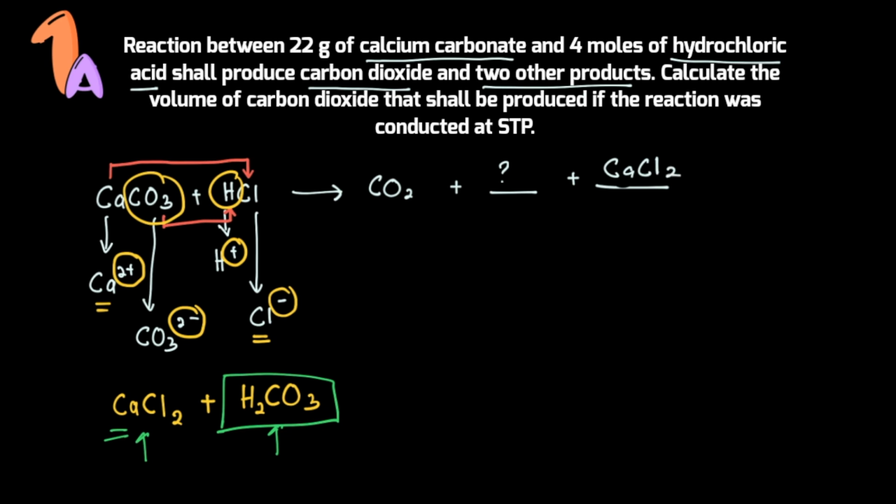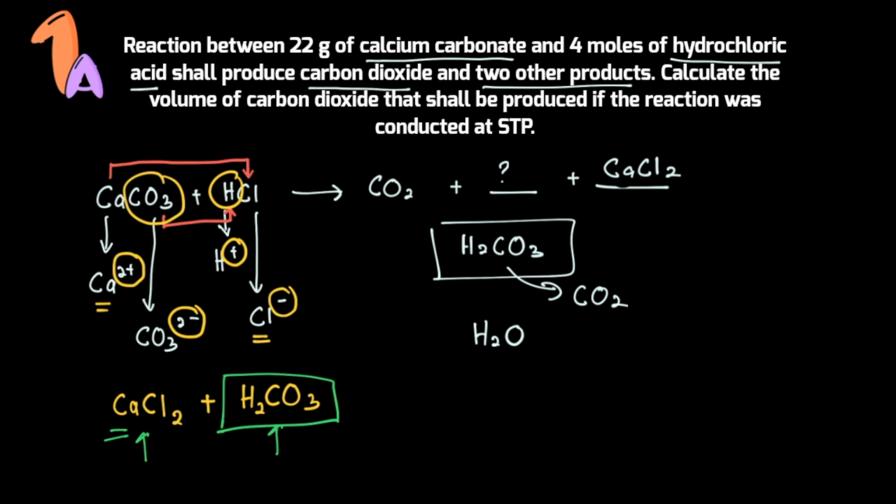So in saying that, we can write that one of the products for this reaction is CaCl2. Alright, next up we are going to look at the H2CO3. From here we are going to take away CO2 because the question states that one of the products is CO2. So once you have taken out your CO2, what you have left here is just H2O. So from there we can say that the other product shall be H2O.